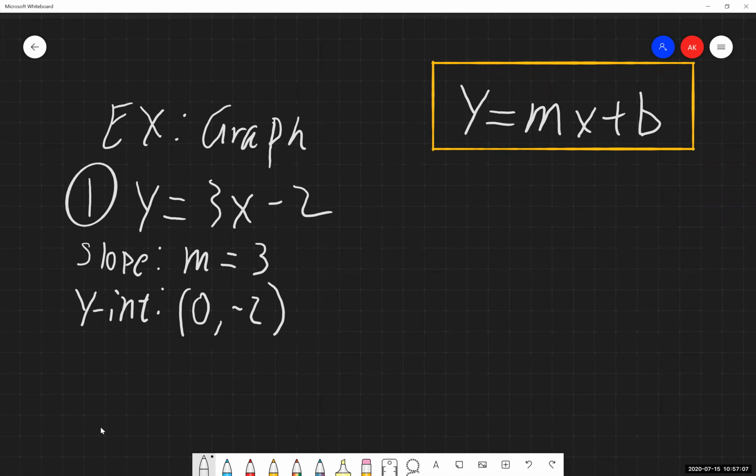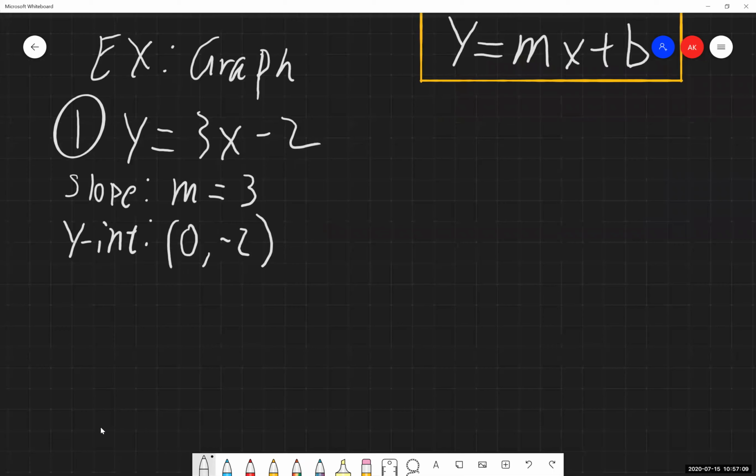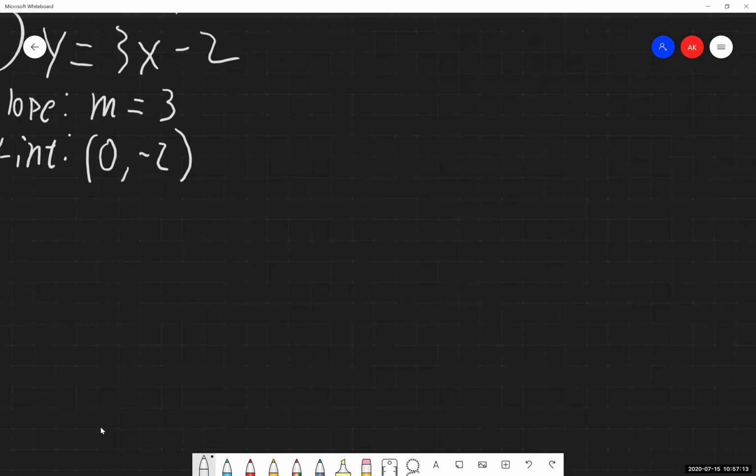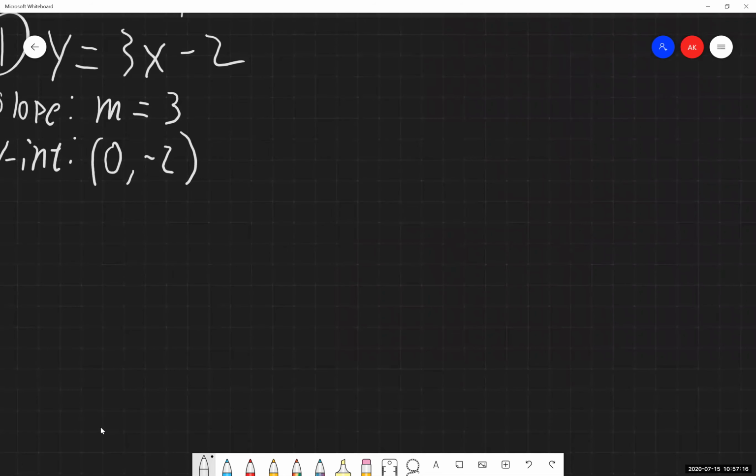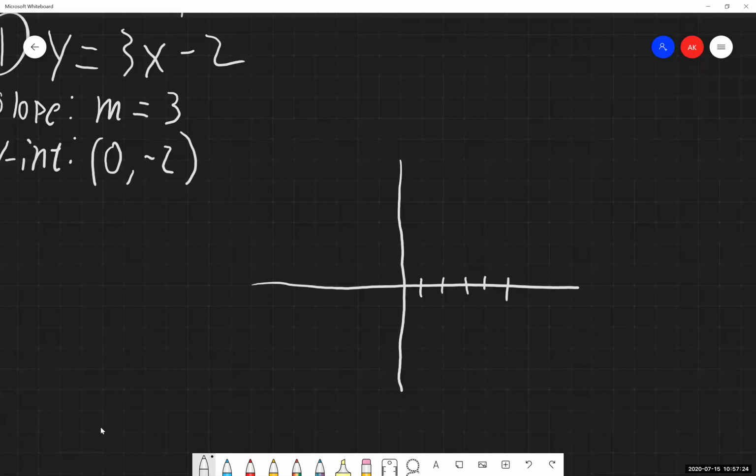So from here, we now have our slope, we now have our y-intercept, now we can graph this thing. So we need to set up our set of axes. All of this, setting this thing up for ourselves, is something that we have done numerous times now.